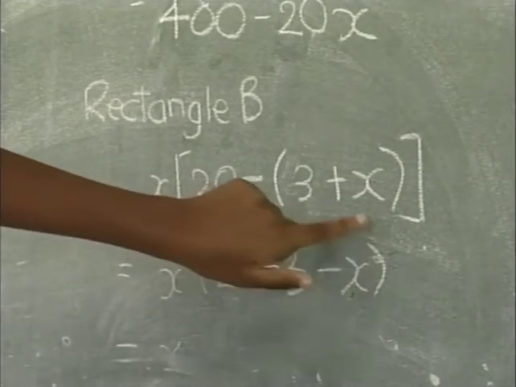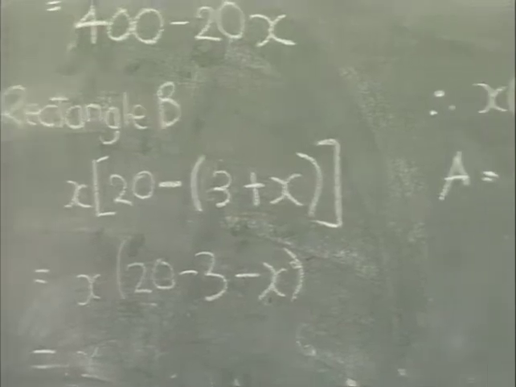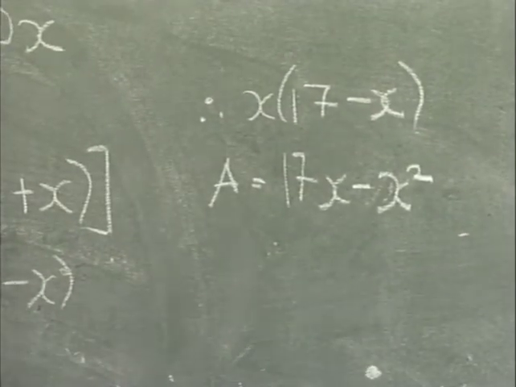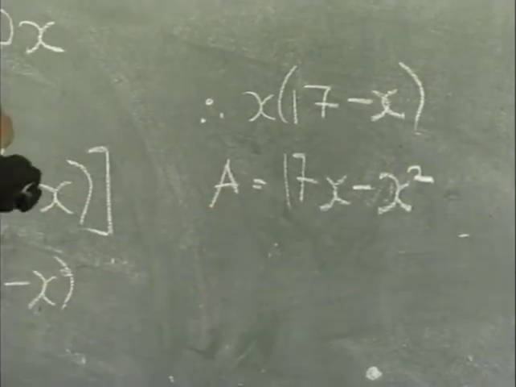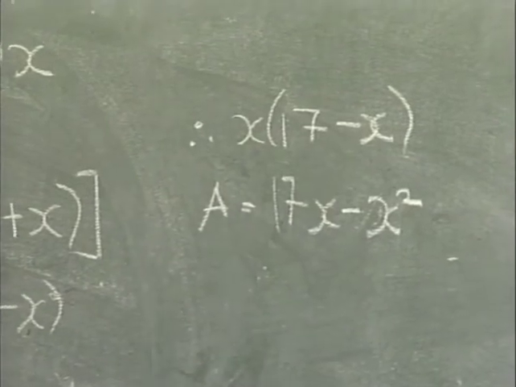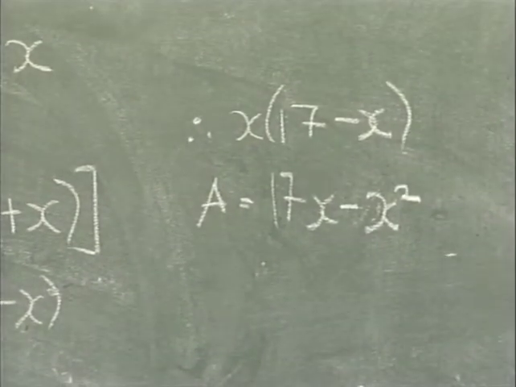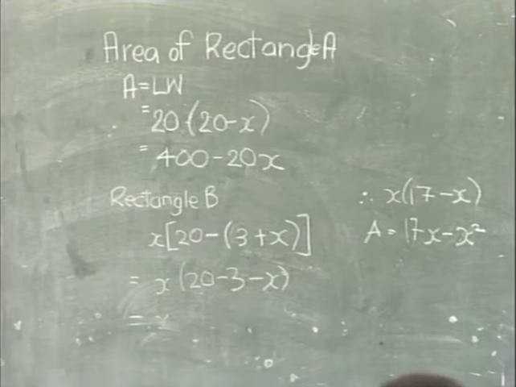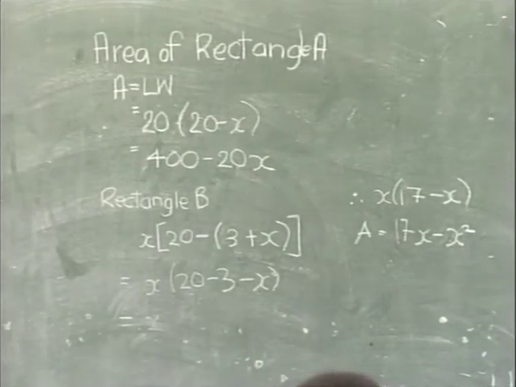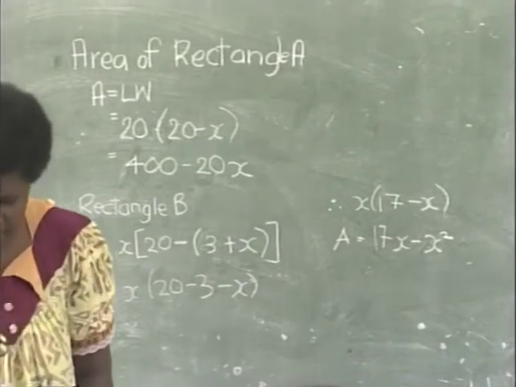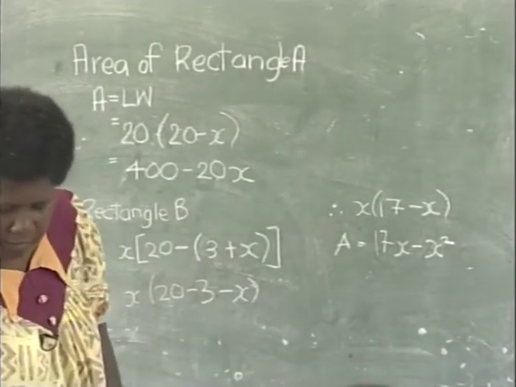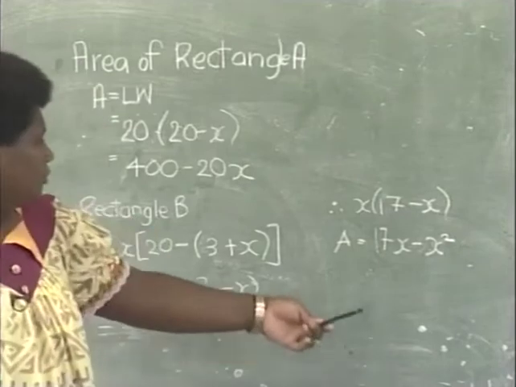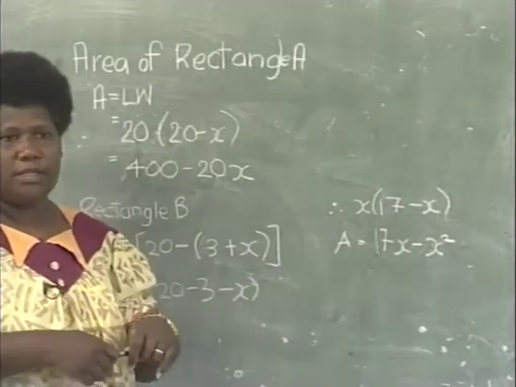That's how we got 3 plus x. Then expanded it and came up to the area expression is 17x minus x squared. Okay, thank you, Megan. You all understand how she got 17x minus x squared?